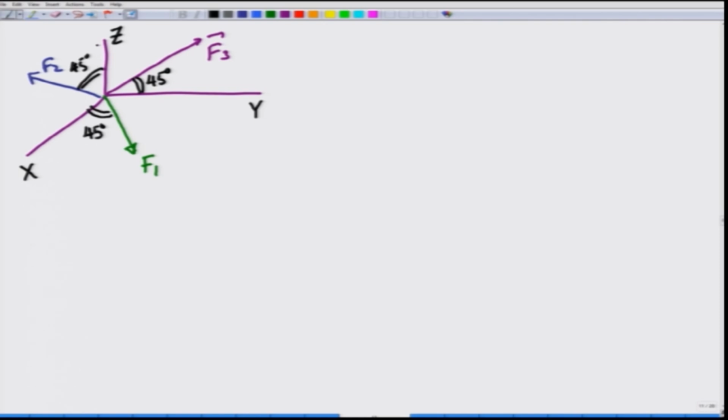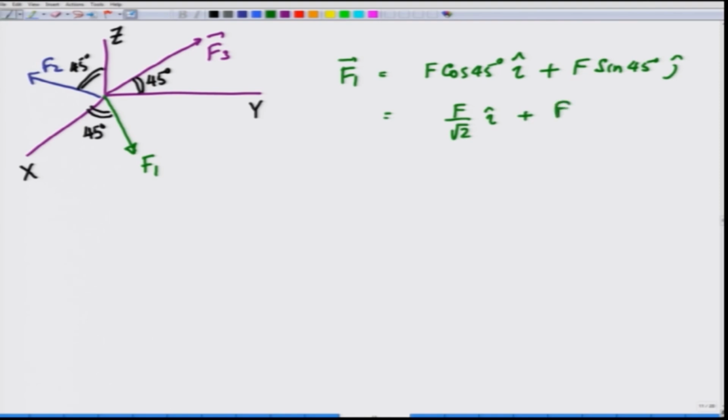So, F1 I can write as its component in the x direction, which is going to be f cosine of 45 degrees in the x direction, plus its component in the y direction f sine of 45 degrees in the j direction, and there is no component in the z direction because it is in the xy plane. So, this is f over root 2 i plus f over root 2 j.